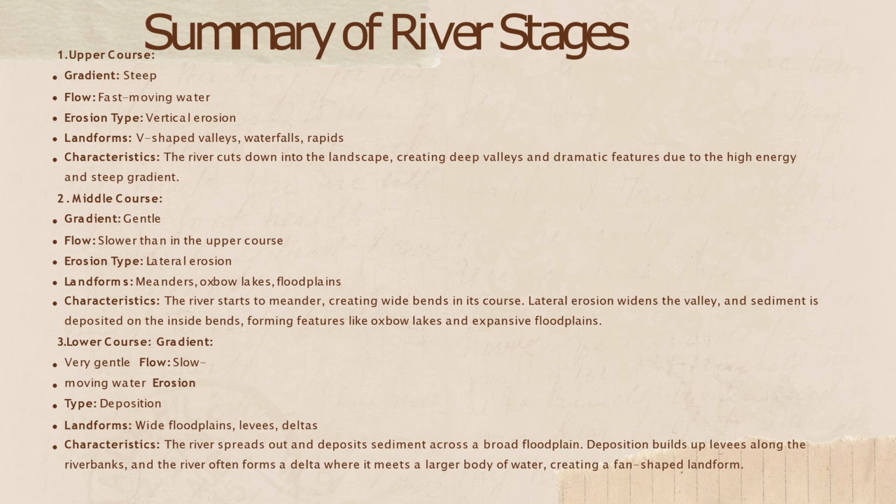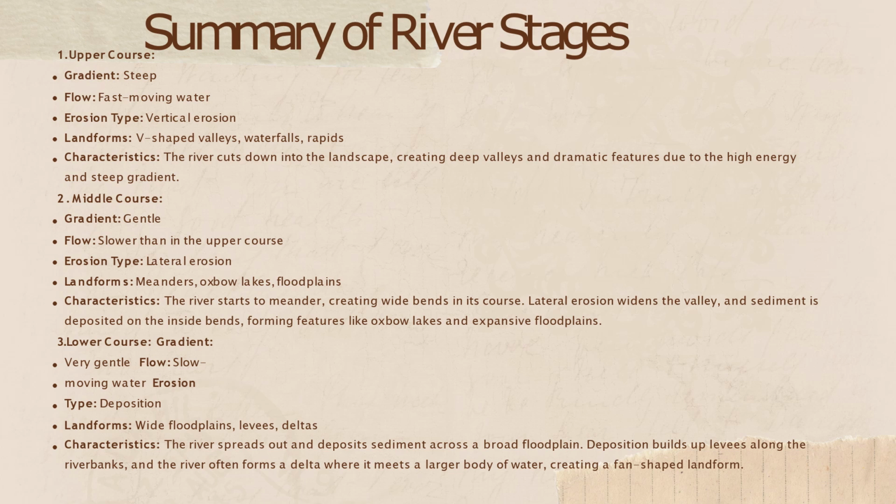Now, let's recap the stages of a river's journey. So the upper course, remember, is characterized by a steeper gradient and fast-flowing water, leading to vertical erosion that creates V-shaped valleys, waterfalls, and rapids.